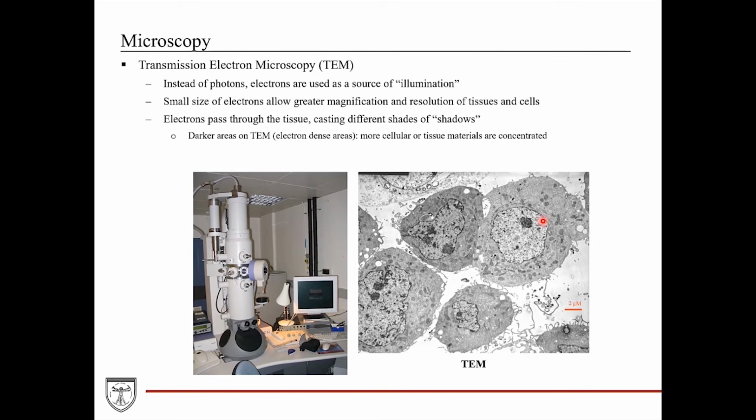So they cast darker shadows, if you will. Then we have the lighter areas, such as these areas and these areas, which we call the electron-light areas. And that just means that a lot of electrons were able to pass through these regions because there weren't a lot of things blocking the electrons.